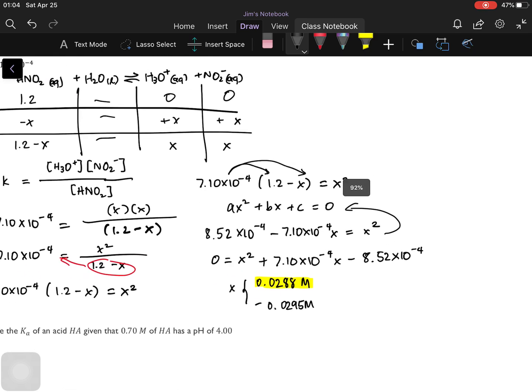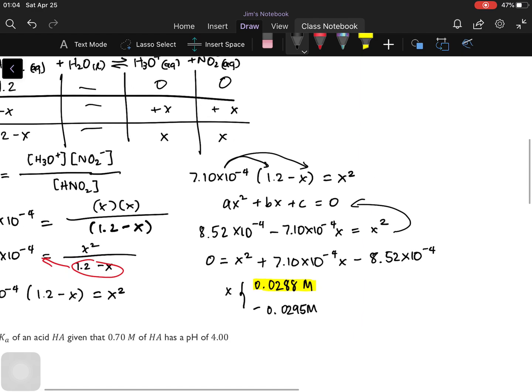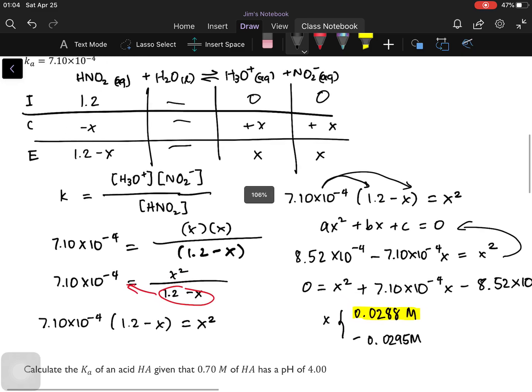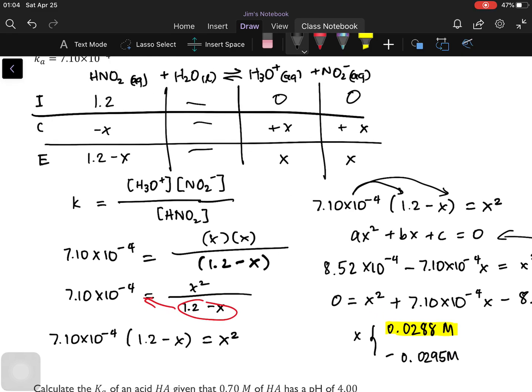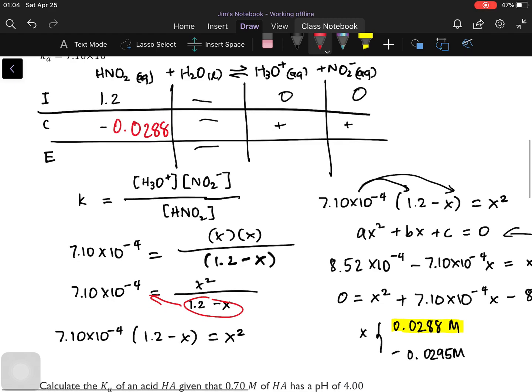So since x is equal to 0.0288 molar, I'm going to substitute that value of x into my ICE table. So I'm going to erase this and write 0.0288, 0.0288.